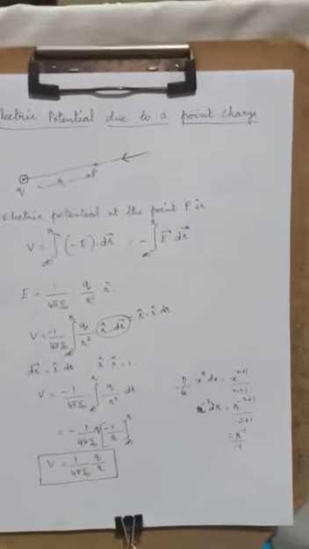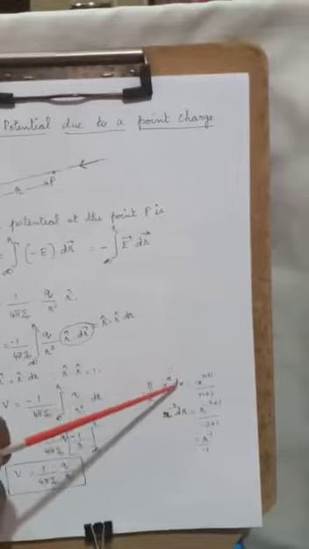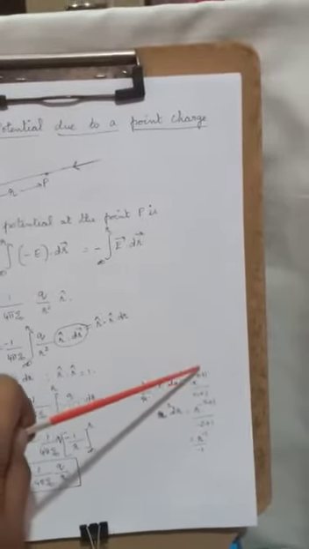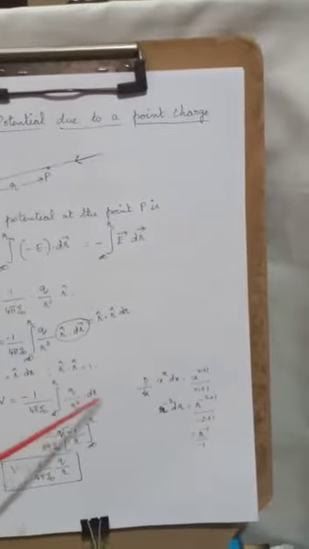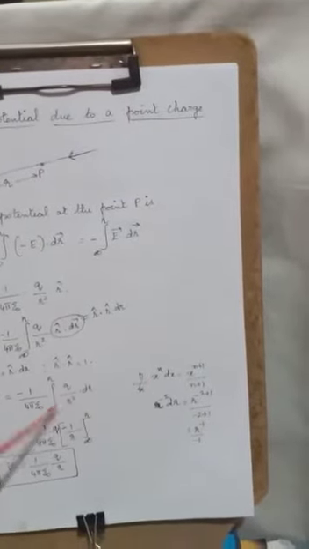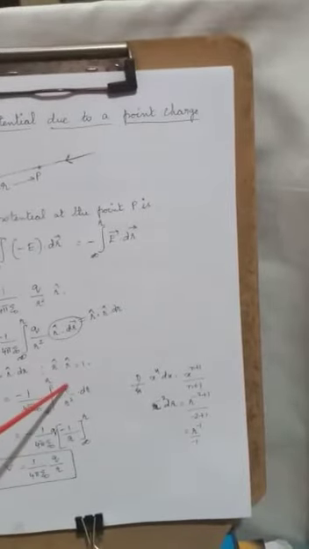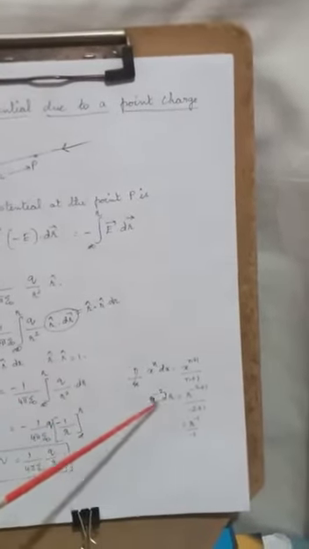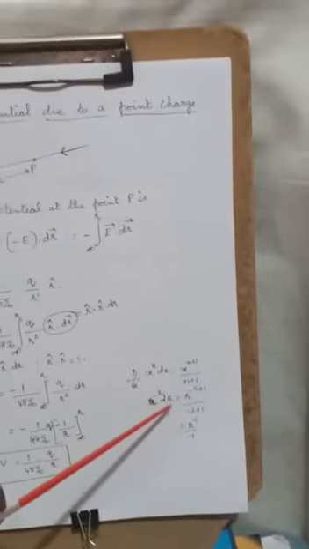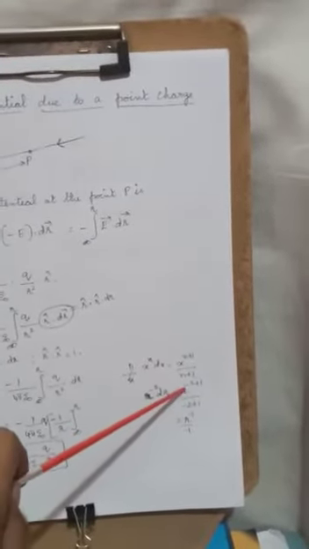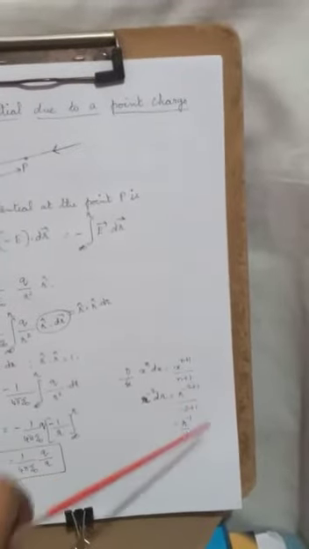So we all know the integration formula, x power n dx is equal to x power n plus 1 divided by n plus 1. Here in the place of x I have r and it's in the denominator. So when I bring it to the numerator it turns to minus 2. So this takes a value of r power minus 2. So which will be r power minus 2 plus 1 divided by minus 2 plus 1.